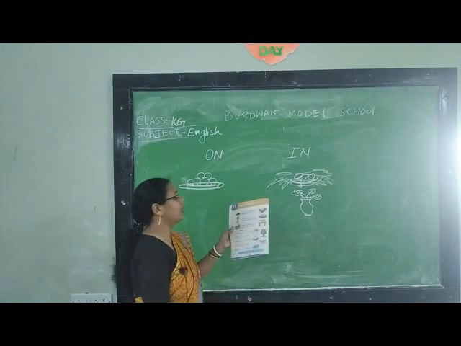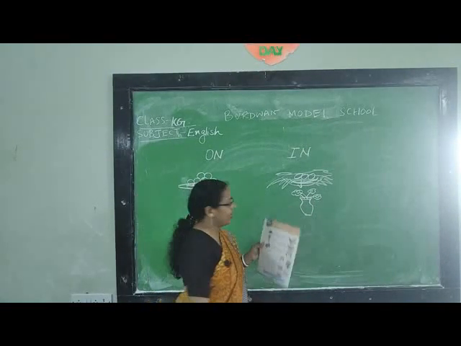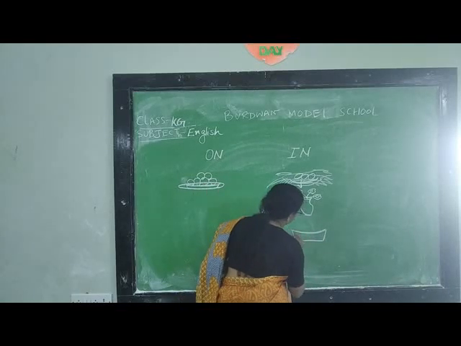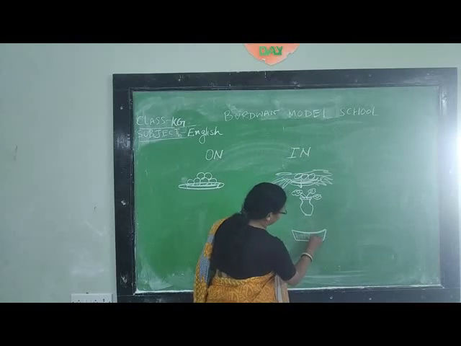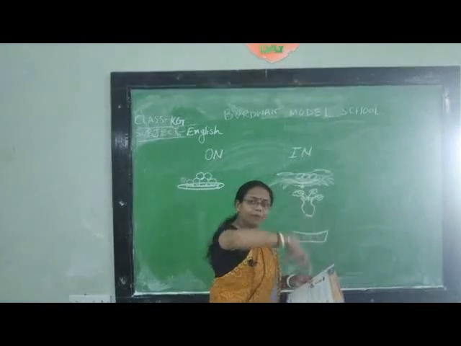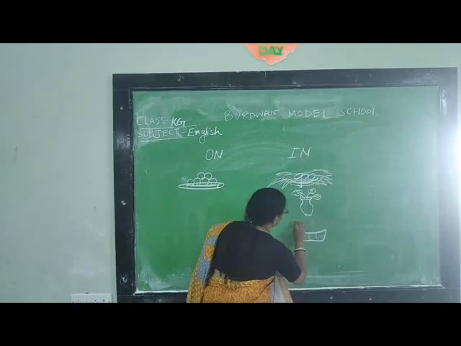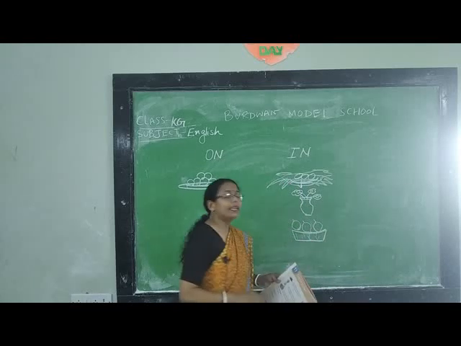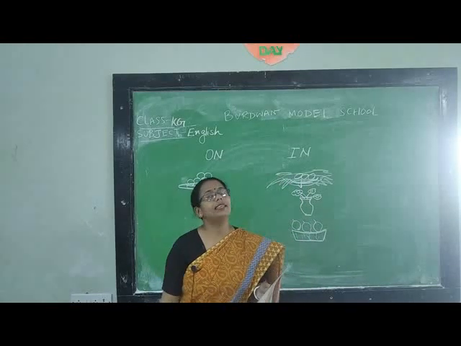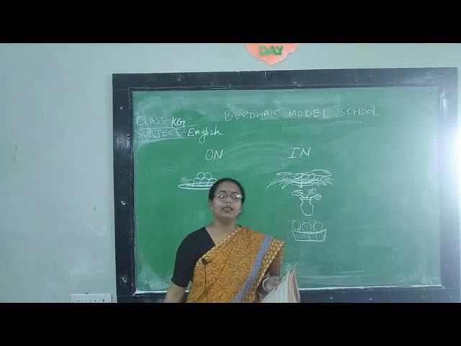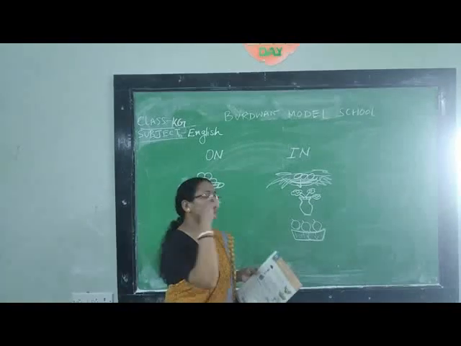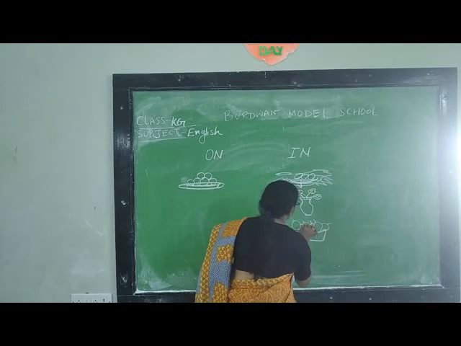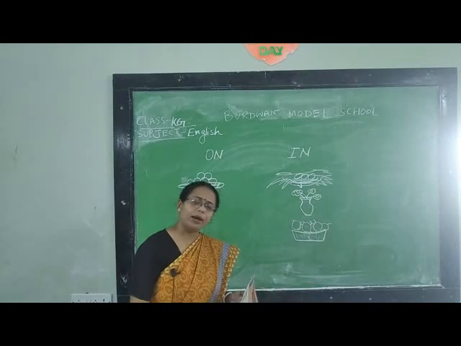Now the next one is a basket. This basket has some depth, right? We can keep something in it. Here are some mangoes. So what should we say? We should say that mangoes are kept in the basket. Very good.